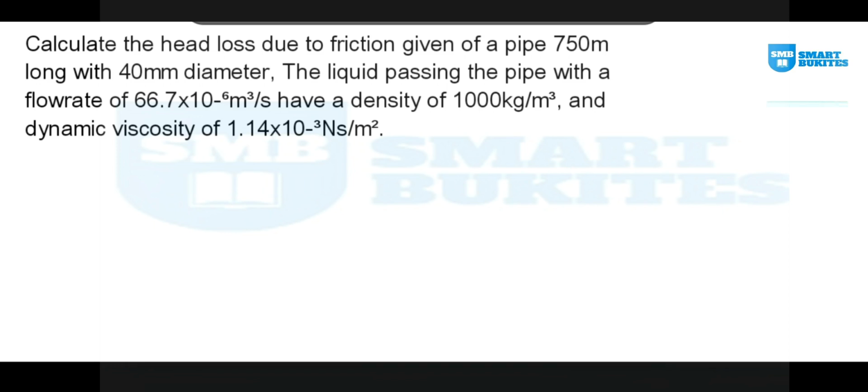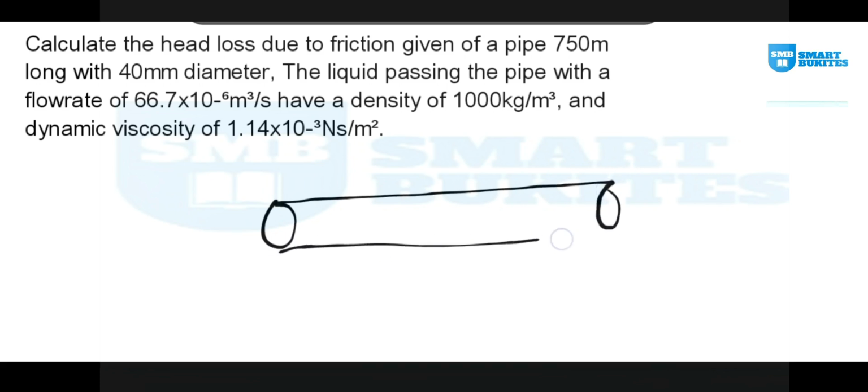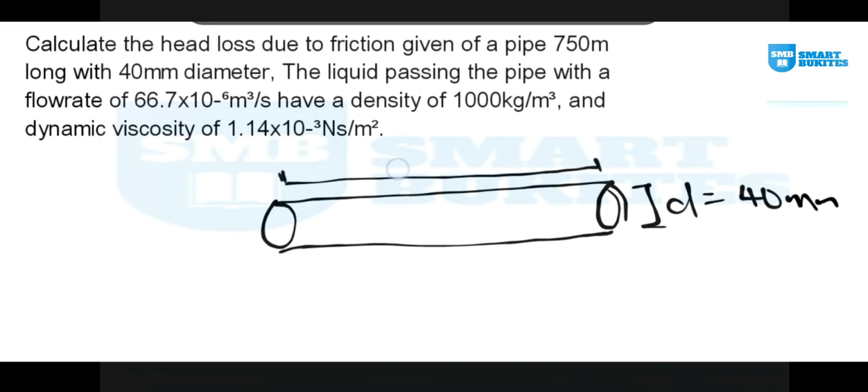The pipe looks something like this. Don't mind the drawing, it's just an illustration. We are told that the diameter here is 40 millimeters and the length of the pipe altogether is 750 meters.